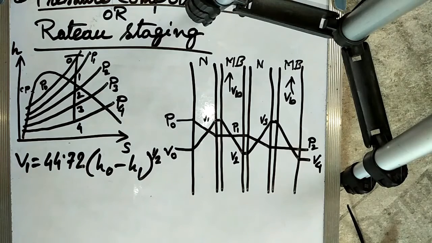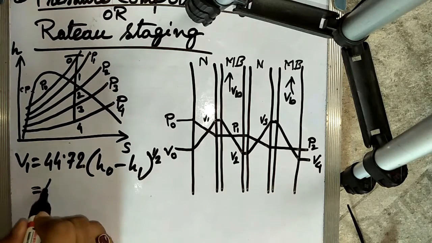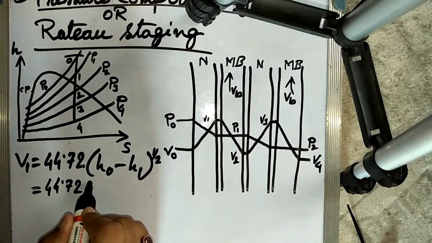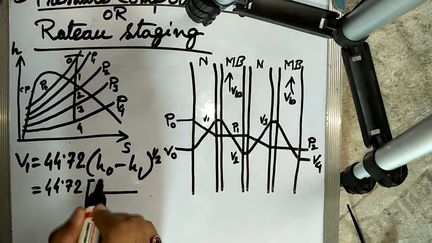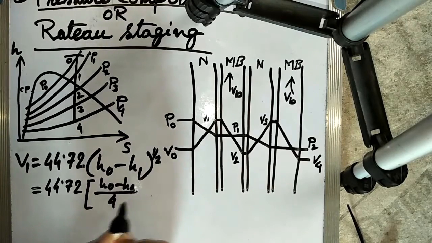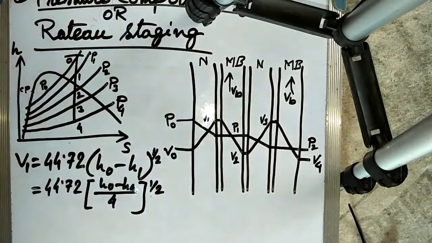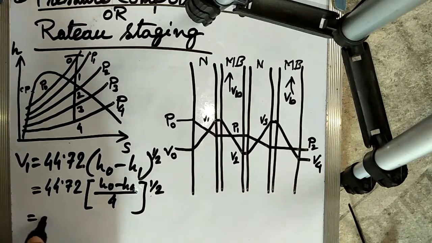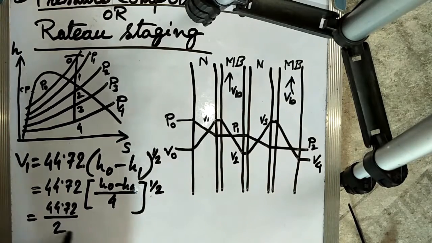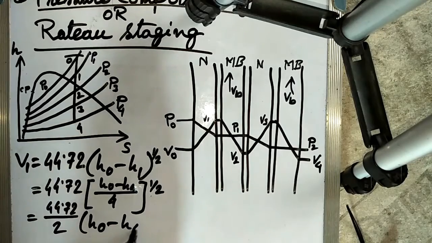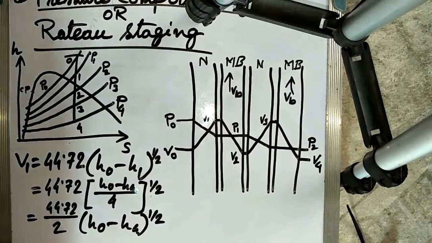So we can write that as 44.72 into (H0 minus H4 by 4) to the power half, because we know that each staging enthalpy drop is equal to (H0 minus H4) by 4. Similarly, we can write 44.72 by 2 into (H0 minus H4) to the power half. This is the velocity of steam at exit from the first nozzle.